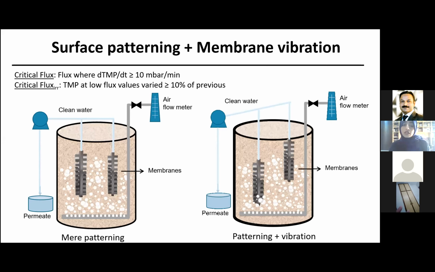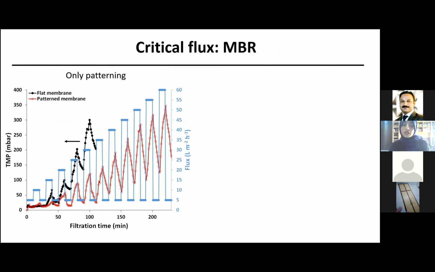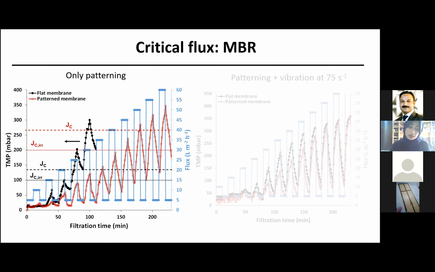The critical flux values are shown here, and these values were doubled for patterned membranes as compared to the flat membranes. Both the total critical flux and the critical flux for irreversibility doubled, and that was mainly because of the already explained increase in the surface area. But the addition of vibration could further improve the performance of these membranes.